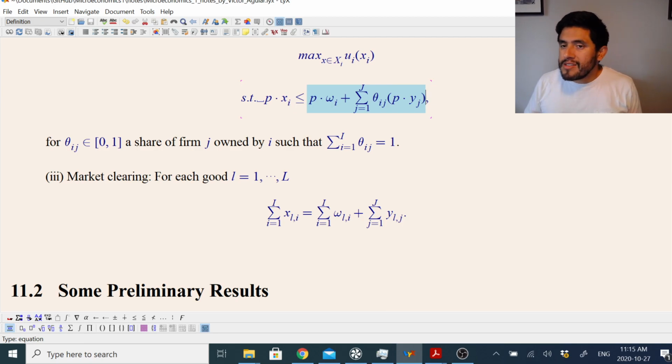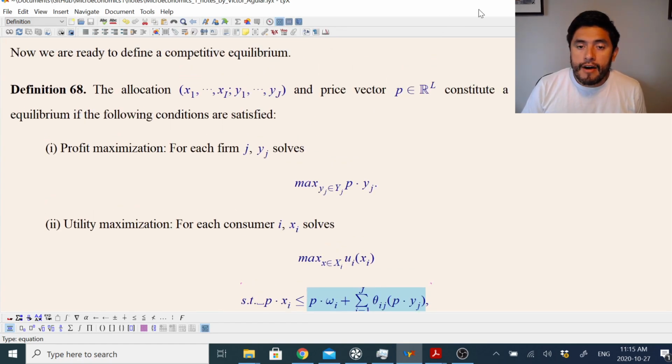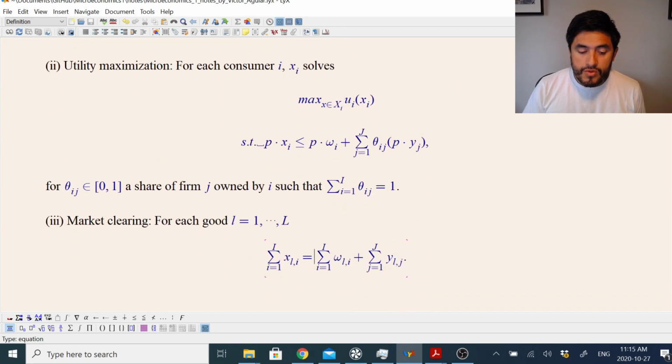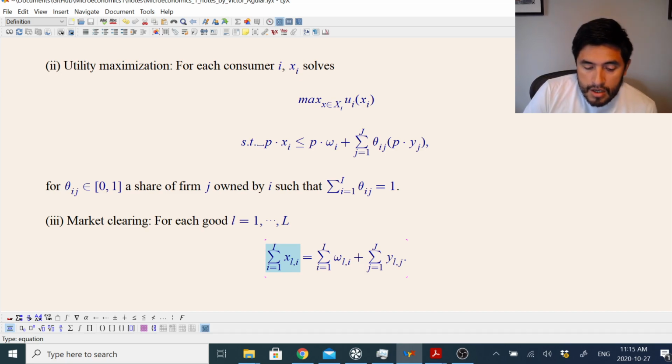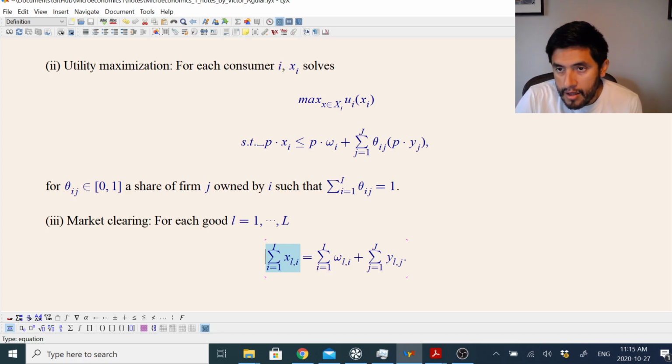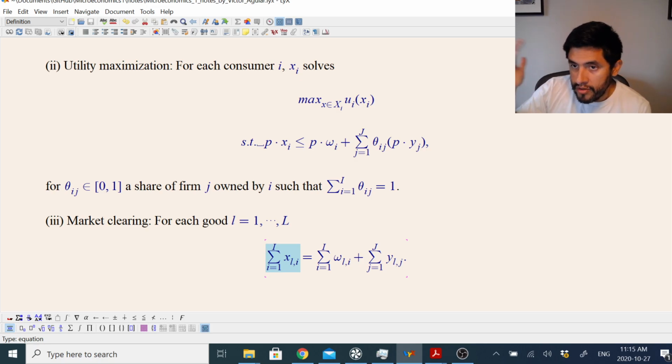When I'm telling you this is no longer exogenous, this definition is really telling you that prices will solve this system of equations implied by maximizing profits, maximizing utility, and finally, with a final equation, which is the market clearing equation, which means that the summation of all consumption has to be exactly equal to the summation of physical goods as endowment plus the net production, so inputs and outputs.